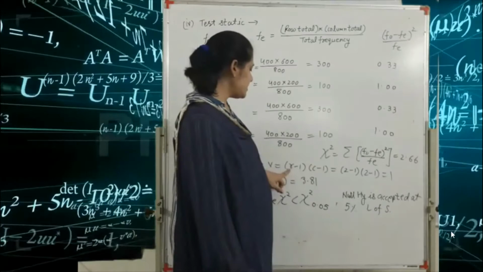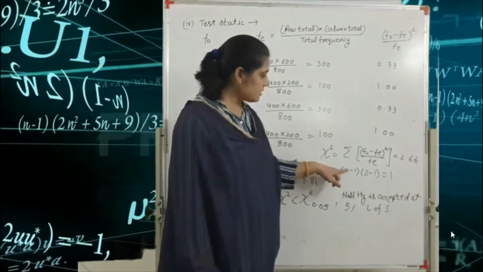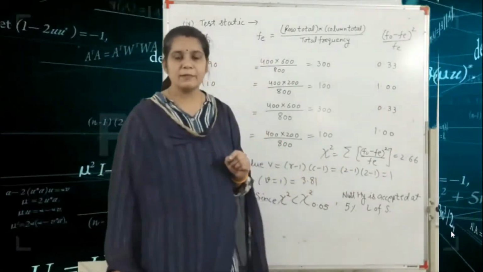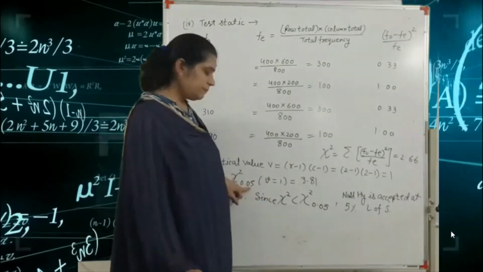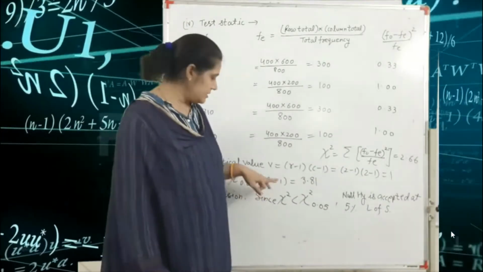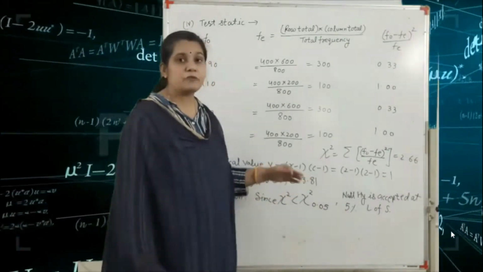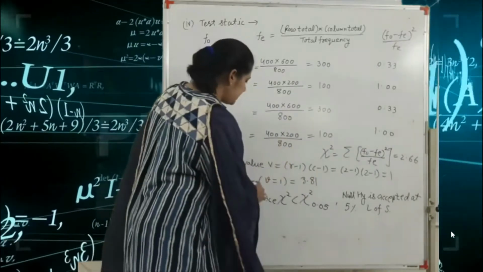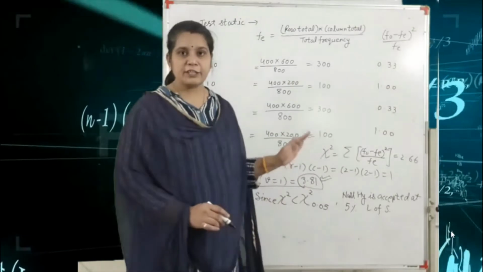So row minus 1 into column minus 1 is equal to 2 minus 1 into 2 minus 1, that means 1. So the chi-square at 5% level of significance, v equal to 1, is equal to 3.81 according to the chi-square table. This value is already given in your question paper.